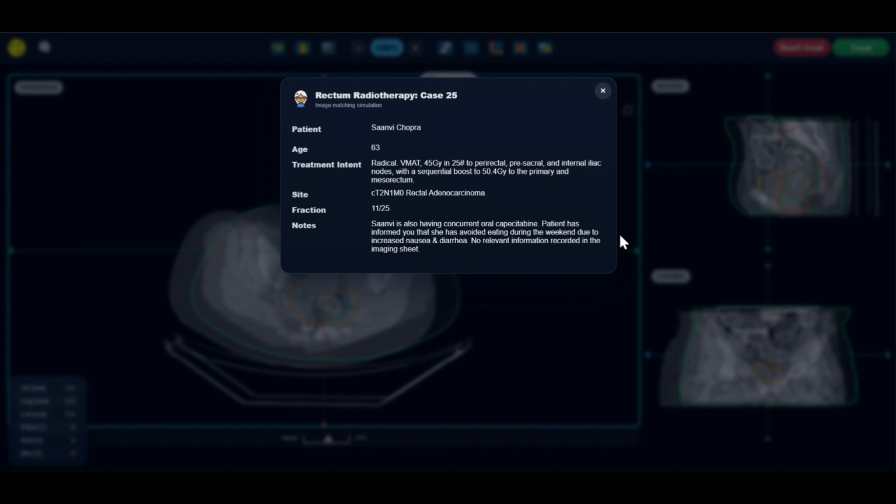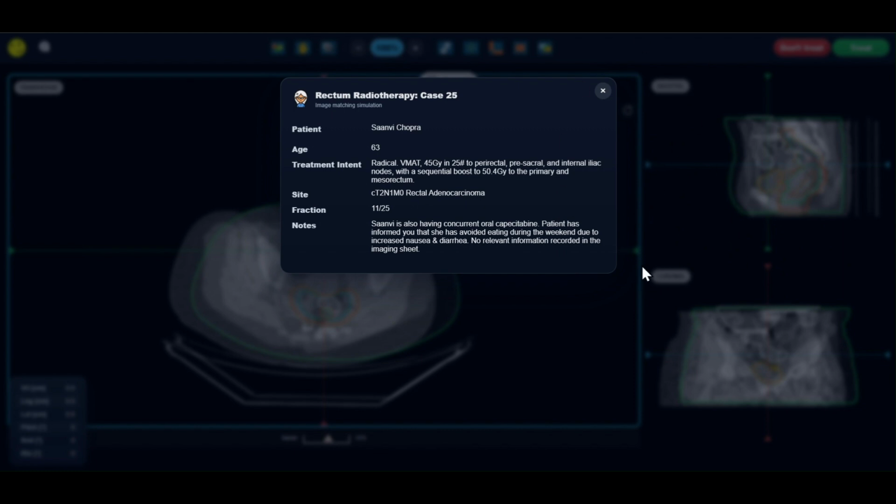So for instance, just to give a bit more perspective into this. If a patient comes in for the first or second fraction and they tell you, right before image matching, that they are experiencing lots of urinary changes, or they've gone to the toilet a lot more frequently, they're emptying their bowels a lot more frequently, then your question is, what fraction are they in?